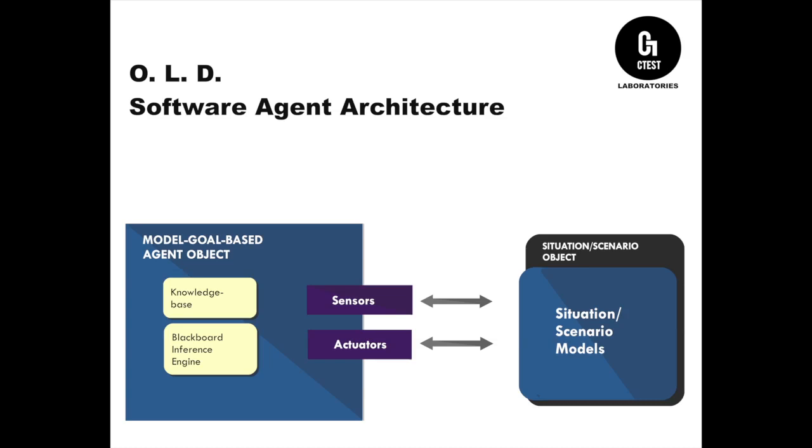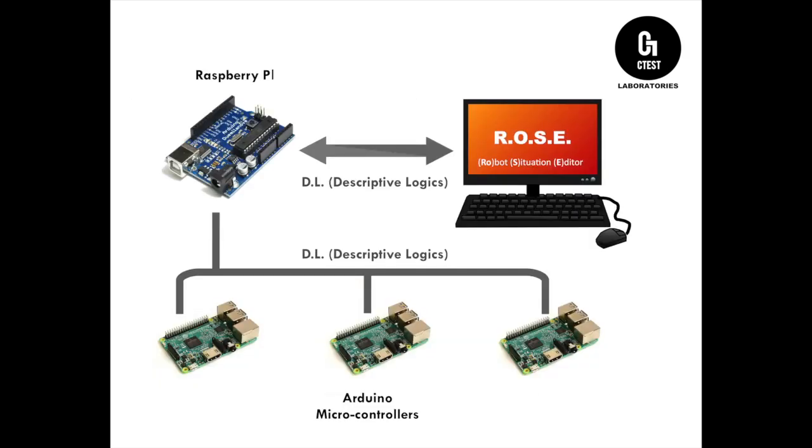And here's just kind of another view. I said this was going to be about software today, but I did just want to show how the hardware fits in here. The interface that we use to interact with our robot, we call it ROSE. It's a robot situation editor.